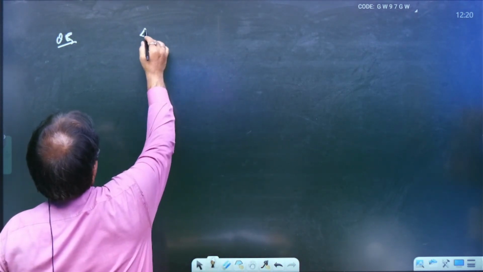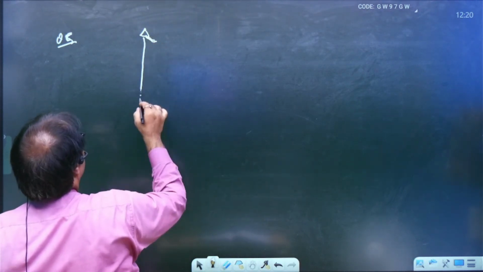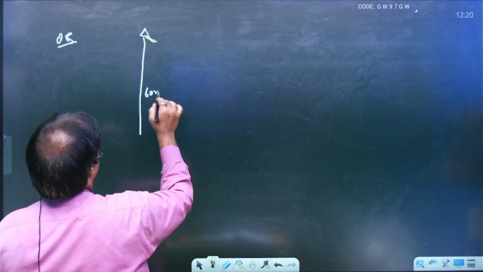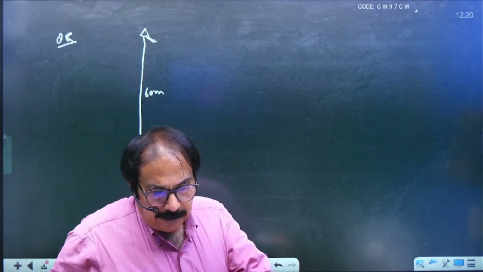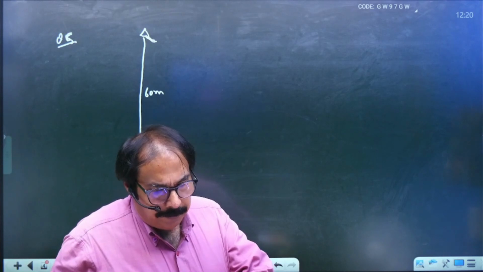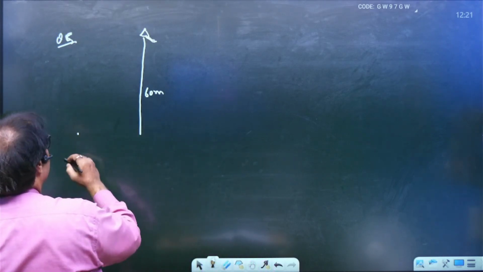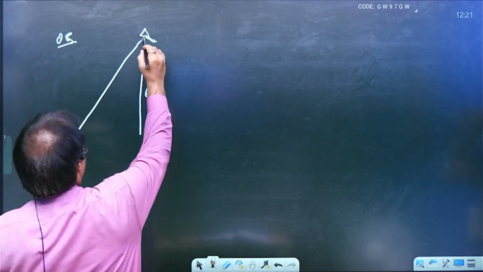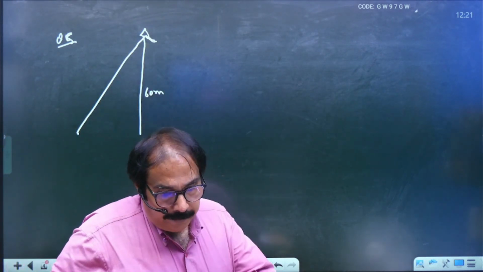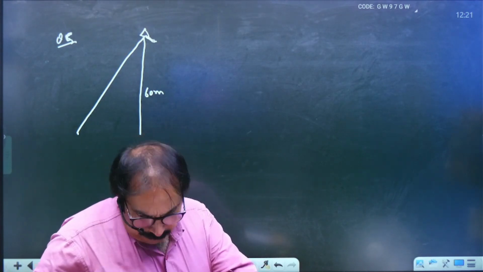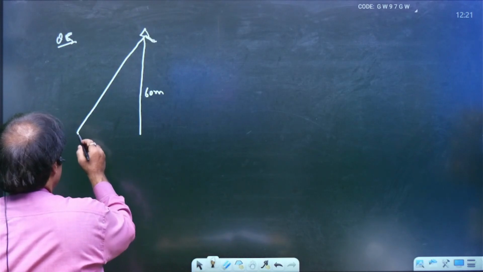Means suppose this is a kite, and now this kite is flying 60 meter above the ground, and the string attached to the kite is temporarily tied to a point on the ground. So suppose here is a point and this string is tied with the kite, and the inclination of the string with the ground is 60 degree.